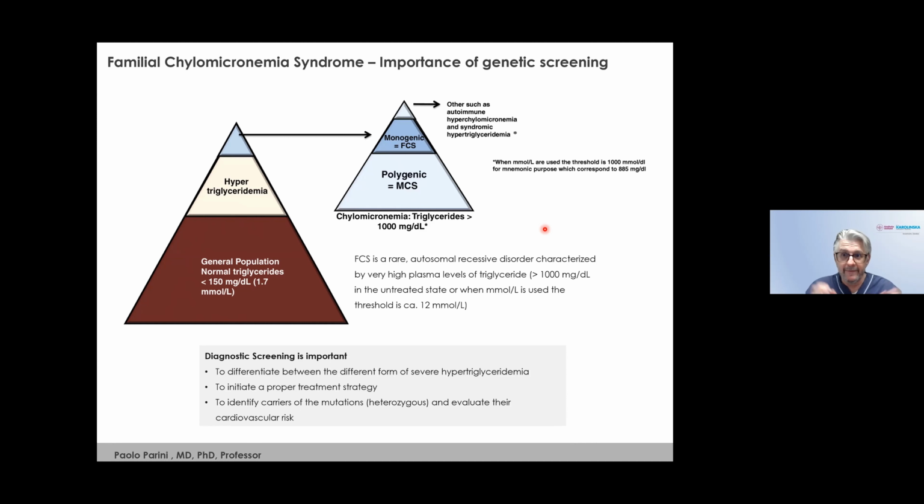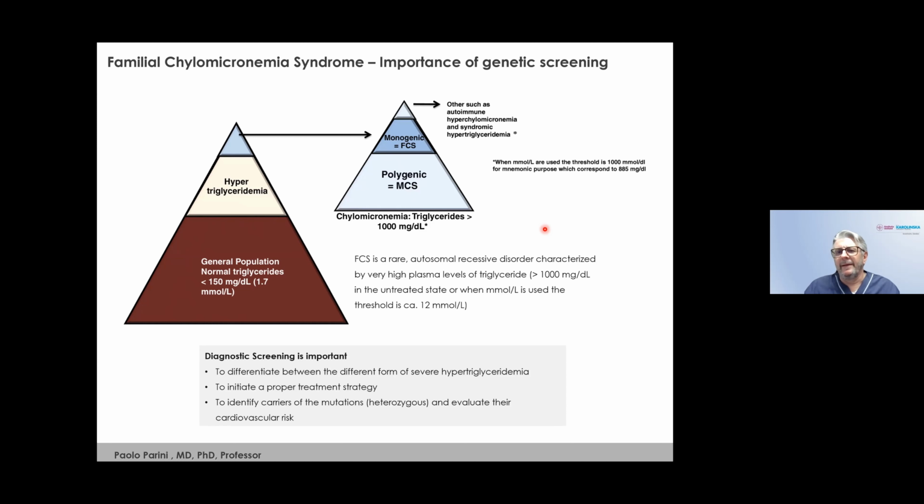It could be the same gene defect, but sometimes it's two different gene defects in the two different copies. And it is characterized, again, by very high levels of triglyceride. The reason is that we have an impaired catabolism of triglyceride in the chylomicron.